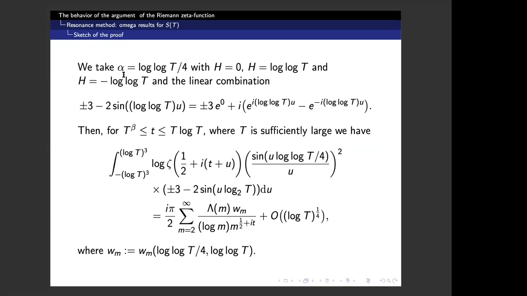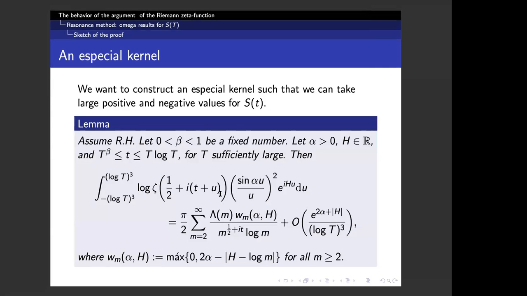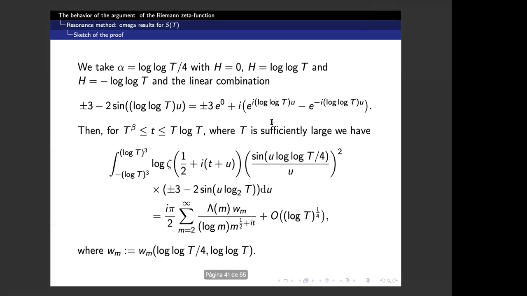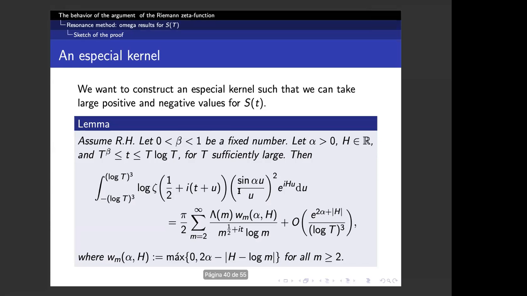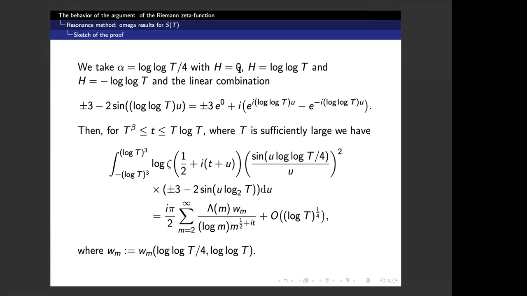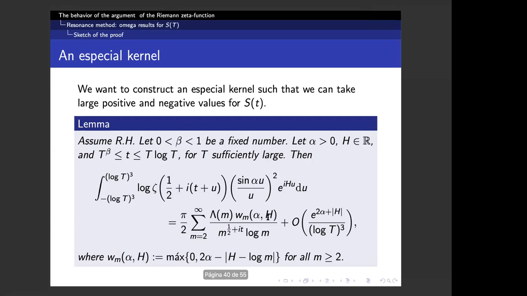So in the first part, we take alpha like log t over 4 with h equal to 0, h equal to log t, and h equal to minus log t. If I use this for alpha log t over 4 and h, for instance, 0, log t, and minus log t, we have three series.